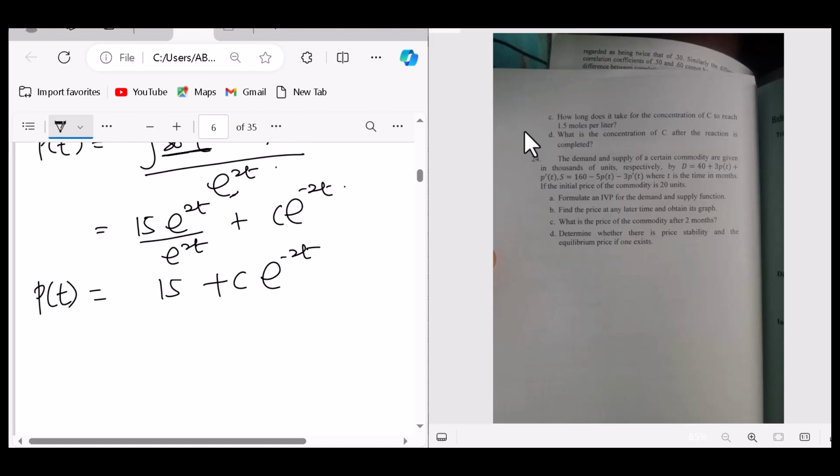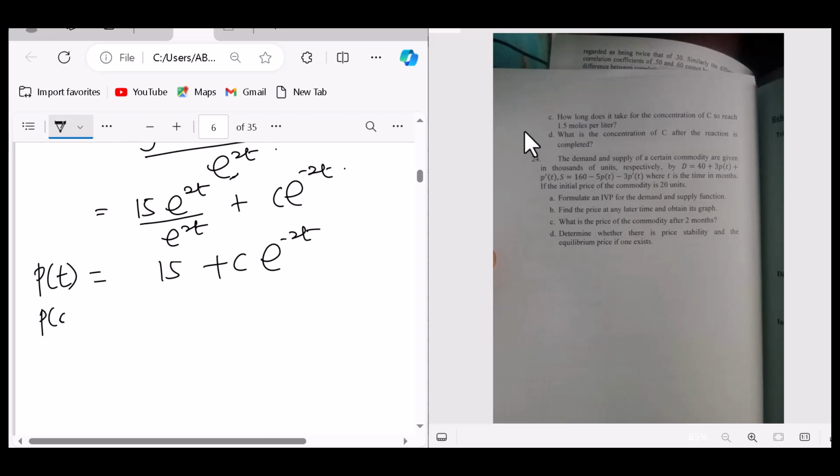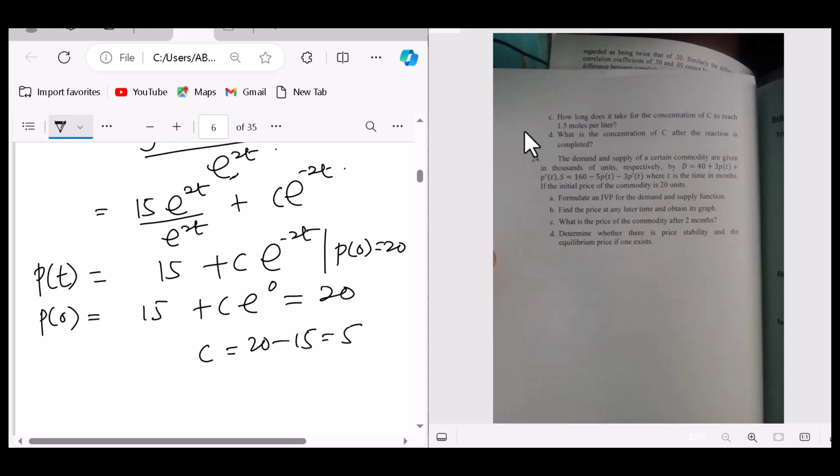Now we apply the IVP. P of 0 is equal to 15 plus c e to the power 0, and this equals 20. You know that P of 0 was equal to 20 in the IVP. So we have c equal to 20 minus 15, and that's just 5.